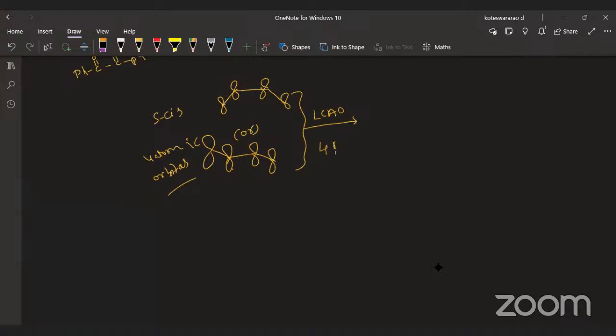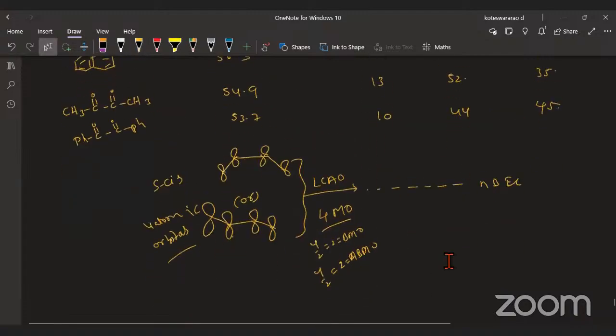In the 4 molecular orbitals, 4 by 2 means 2 are bonding molecular orbitals, and 4 by 2 means 2 are anti-bonding molecular orbitals. Now this is the non-bonding energy level. We have 4 molecular orbitals generated.